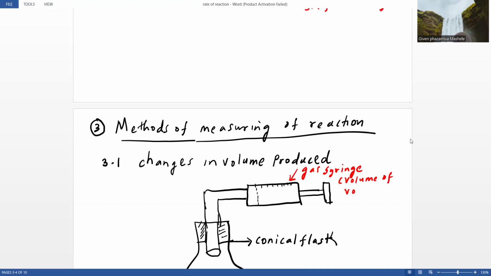So the gas syringe, we can use this to measure the volume of gas produced.